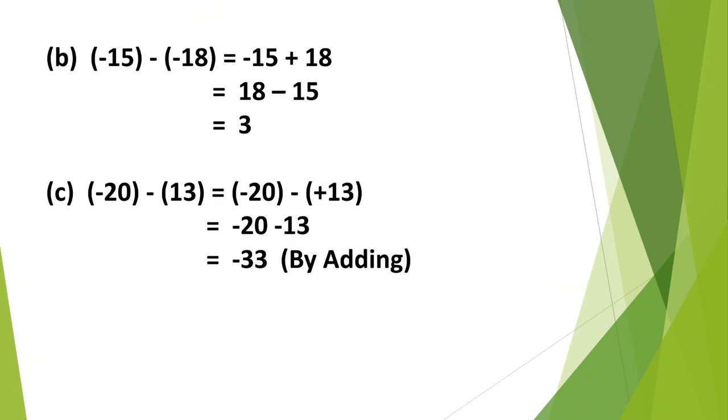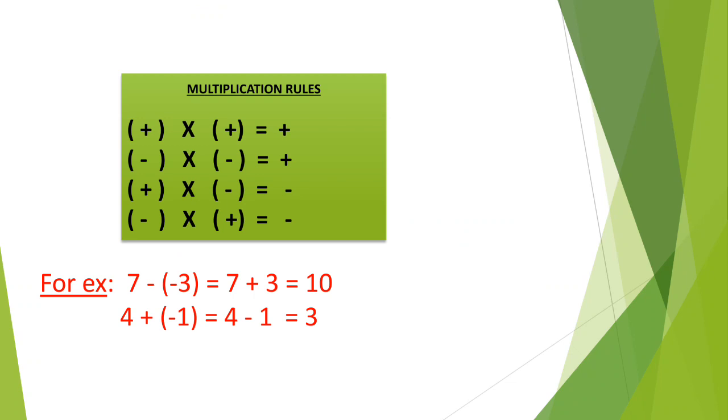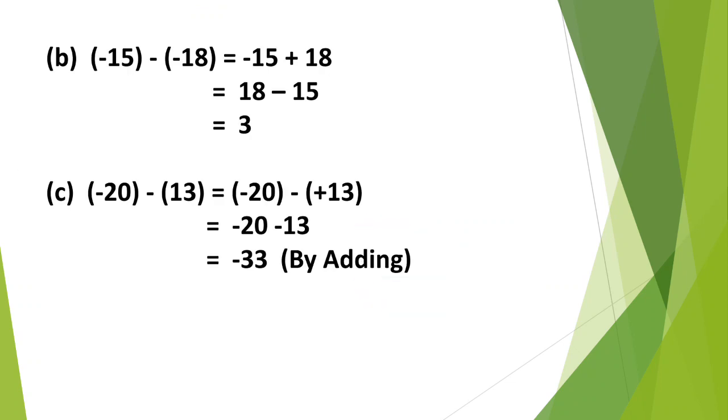Moving to the second problem. Minus 15 minus of minus 18. Write down minus 15 minus into minus. When we are having the same sign, minus into minus, plus. So minus into minus is plus 18. We can rearrange it. 18 is a positive integer, 15 is a negative.